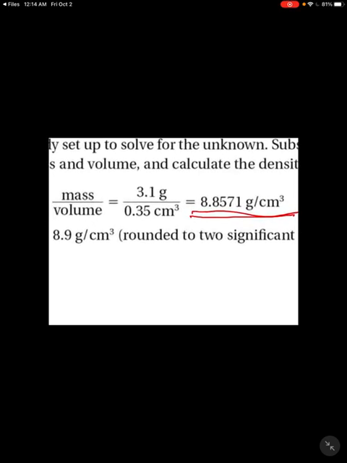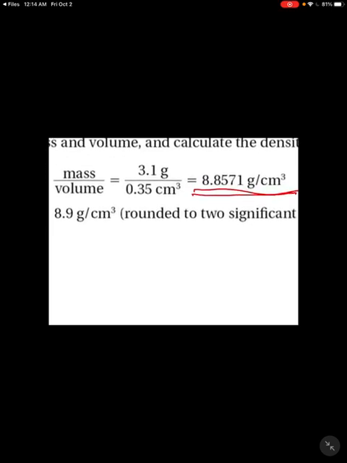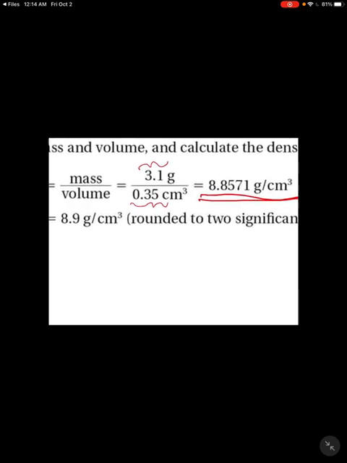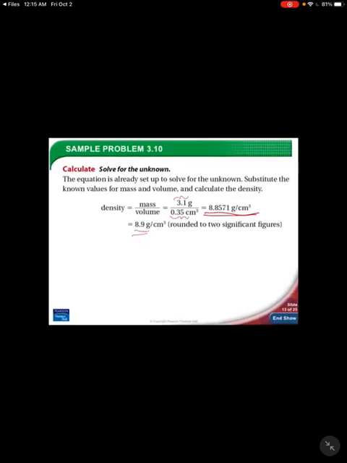If you do plug in the numbers, you will see that you get an answer like 8.8571 in your calculator. But each of our numbers that we worked with had 2 sig figs, so we need to have our answer with 2 sig figs, and we would round to get 8.9 grams per cubic centimeter for our density of copper. We'll go ahead and do this in the lab next week.